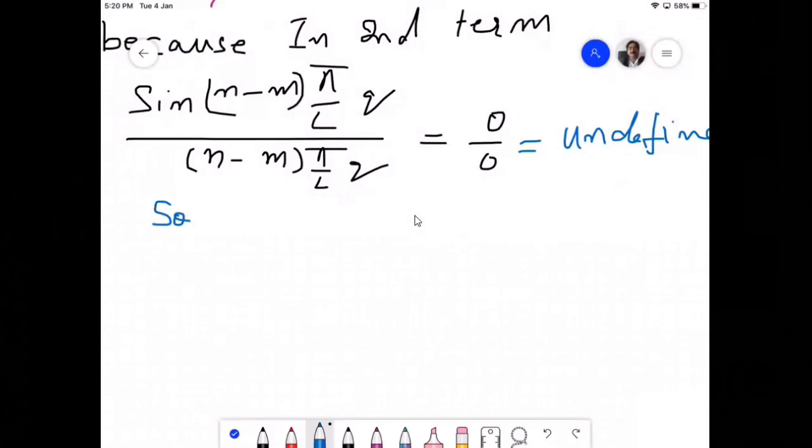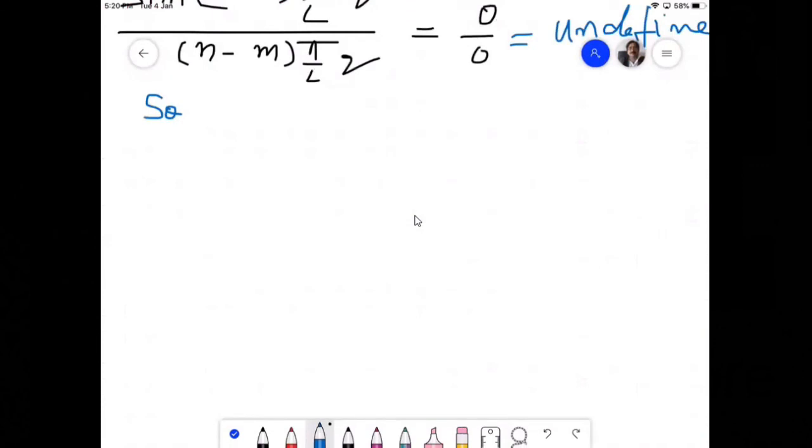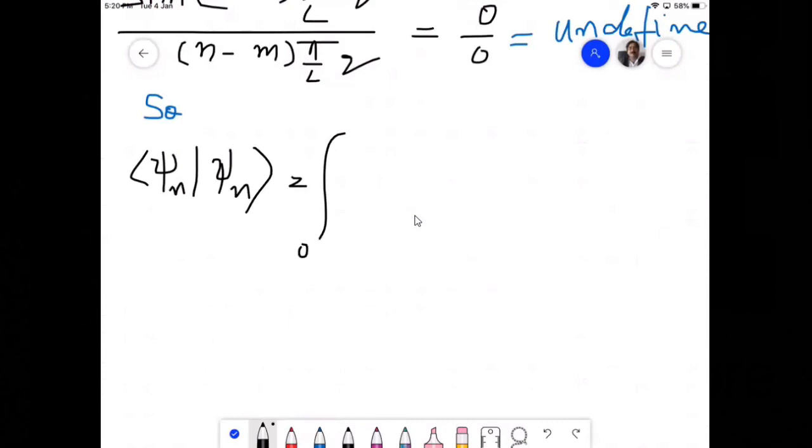So for psi n and psi n, the integral from 0 to l will become sine square n pi. Sorry, that is wrong.